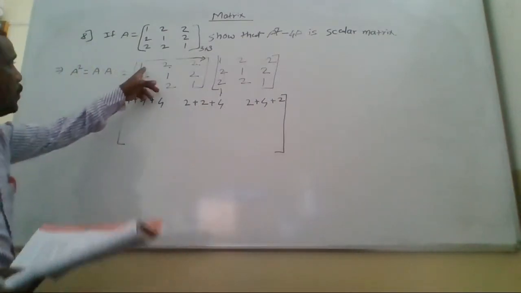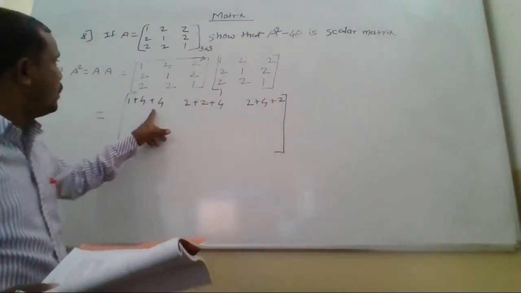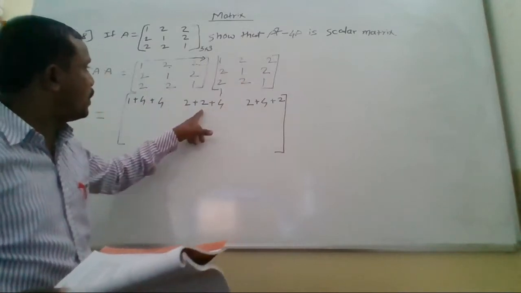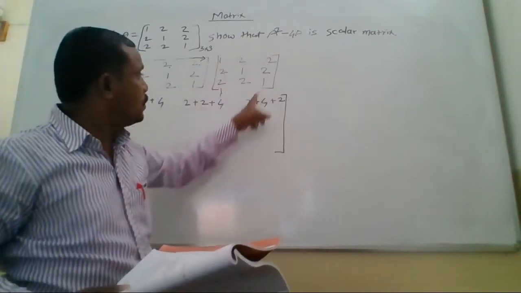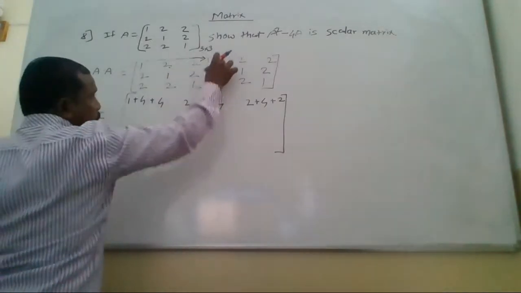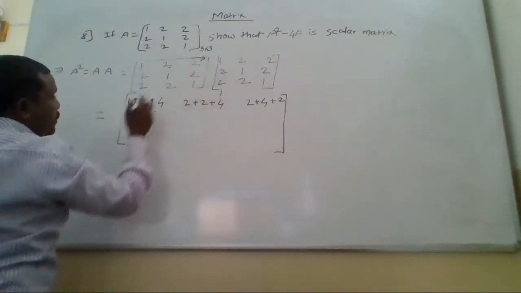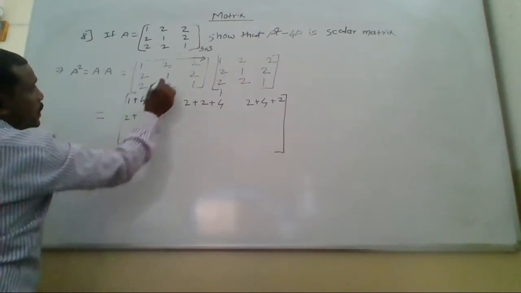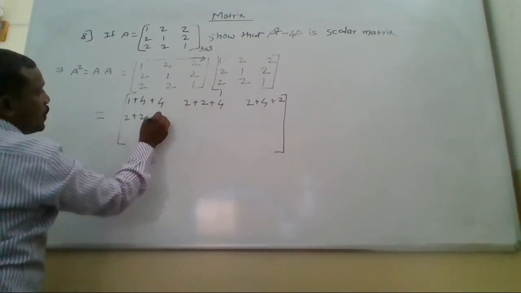This is first row multiplication with the first column, second column and third column. Now again second row with first column, so 2 into 1 is 2, plus 2 and plus 4.